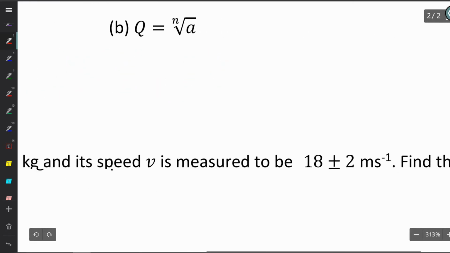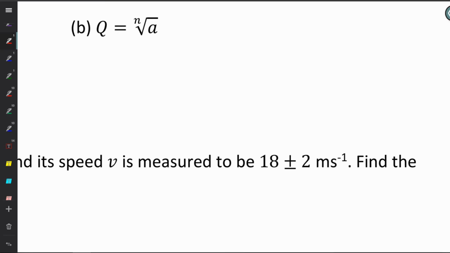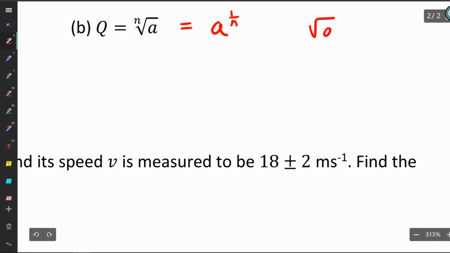Here's another one. Q equals the nth root of A. Well, it's important to realize that the nth root of something is really just A raised to the power of 1 over n. You know, this is like square root. The square root of A is A to the 1/2 power.